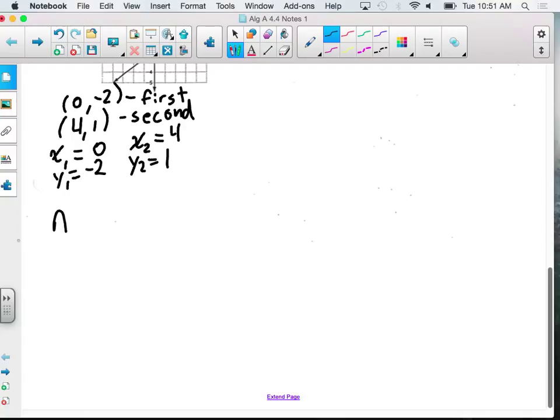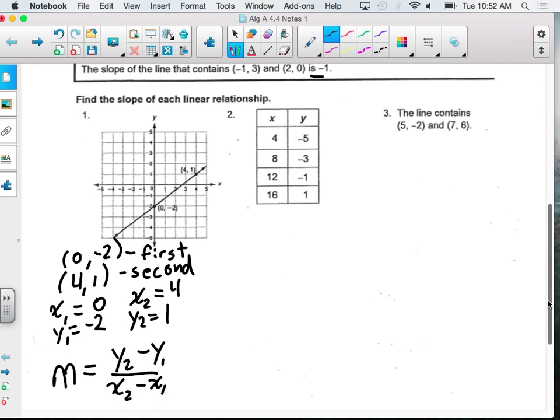Then we have our slope formula, right? These look like fractions and it's confusing me.